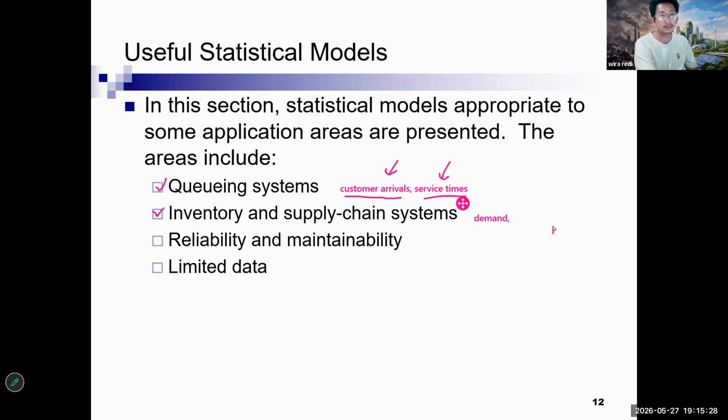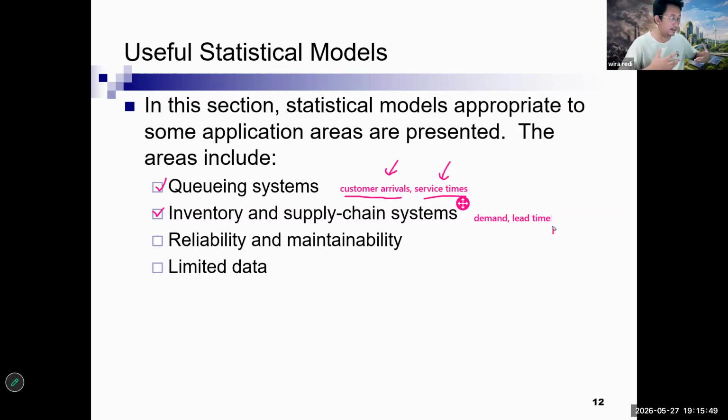Other than that, perhaps lead time. Let's say in an inventory management system, you may have some lead time before the order that you process to replenish your inventory would be filled, right? So lead time is sometimes uncertain. Yeah, most of the time actually.